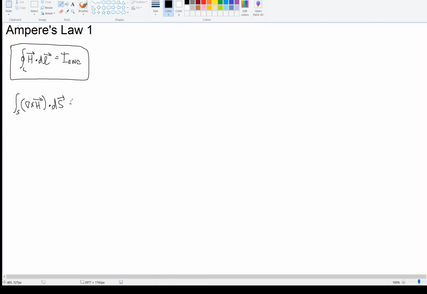And I enclosed, we know how to determine that with an integral. We would integrate over the surface the current density dotted with dS, right? Go back to what we talked about with the current density.